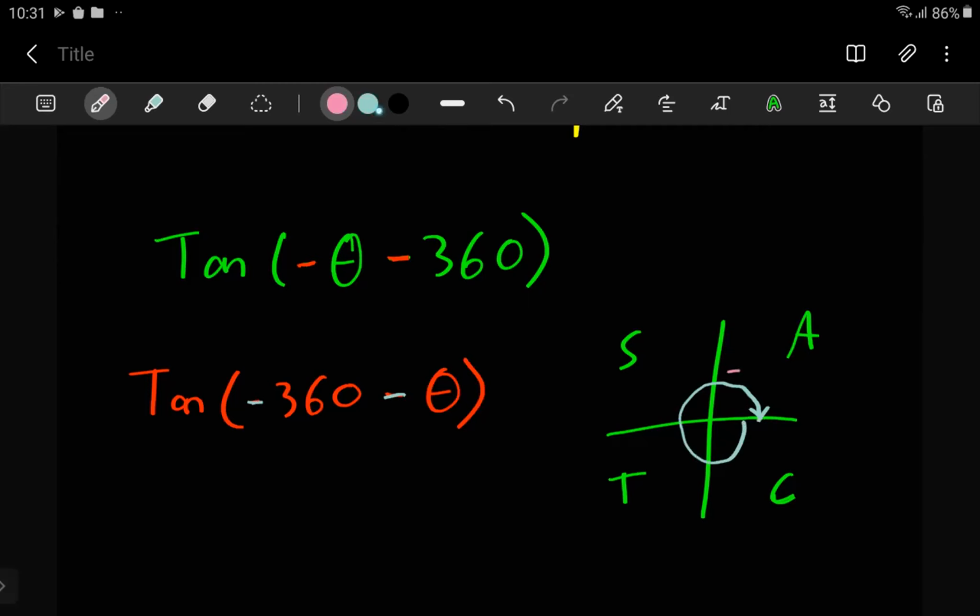And if you minus again, you end up in this quadrant where only cos is a plus. So this will give you minus tan theta. You see it? Yes, I see it. So this is minus 360 and then minus theta again.